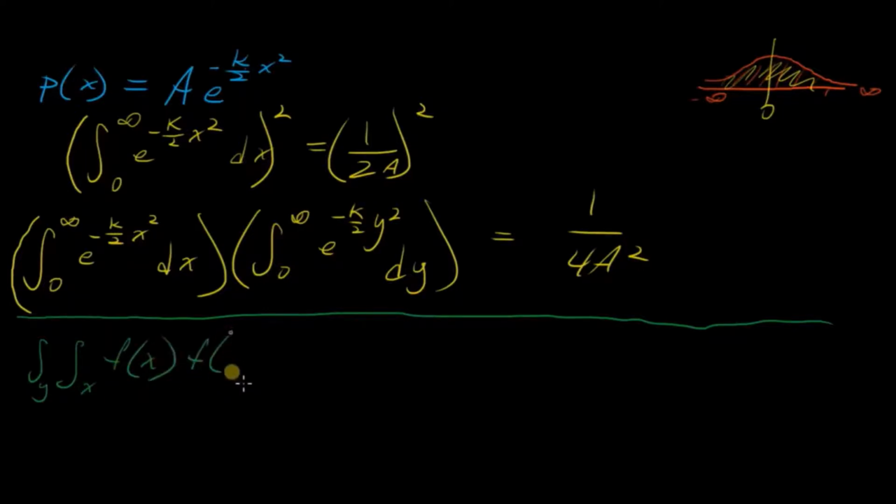So if you had a double integral, a y and an x integral, and you have some function of y times some function of x, well, what you would say is, okay, first I need to do the inner integral, but when I do that, the f of x is just a constant with respect to y, so we could just move that out in front of the x integral.